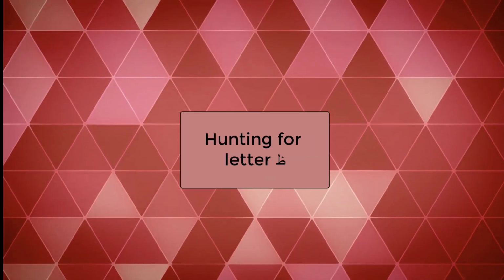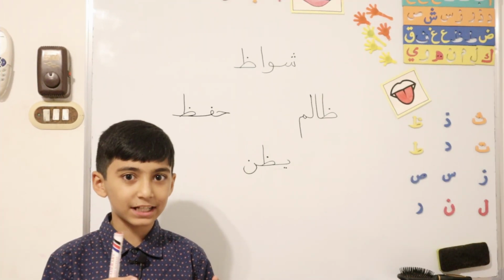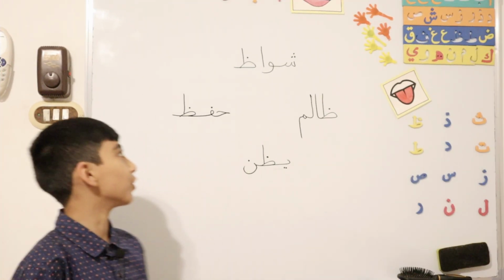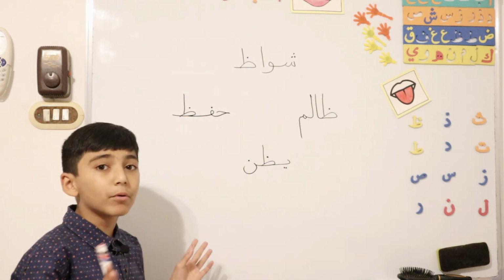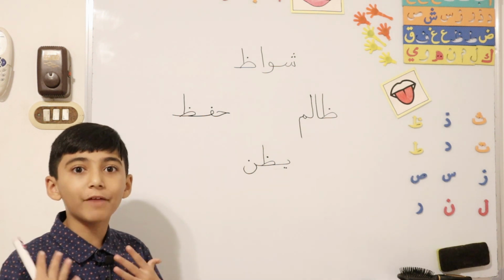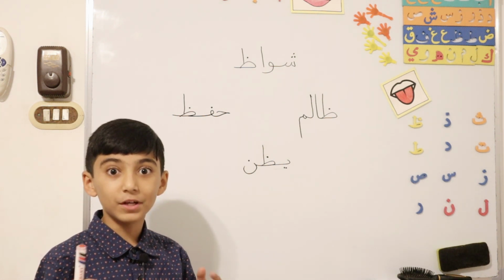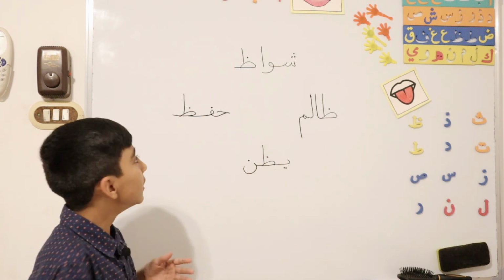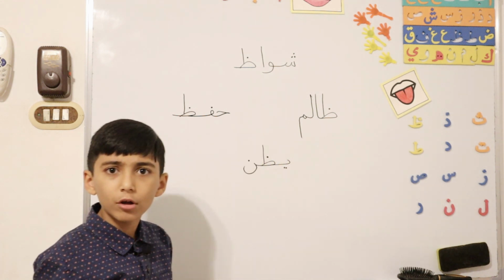Now it's time for a bear hunt. Not a bear hunt exactly. A hunt for letter Fa in these words. So remember, before we start, all we have to look for is a balloon attached to a stick. Let's start. The first word. Is this letter Fa?